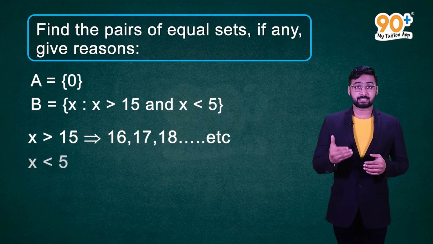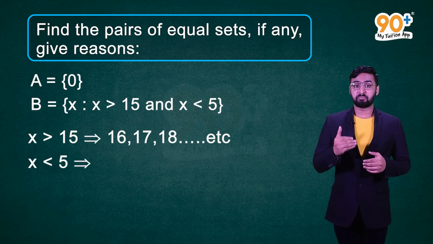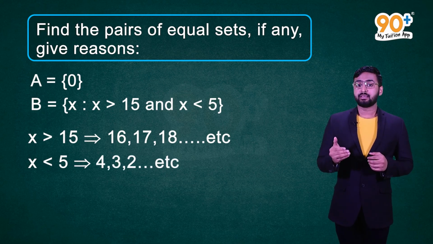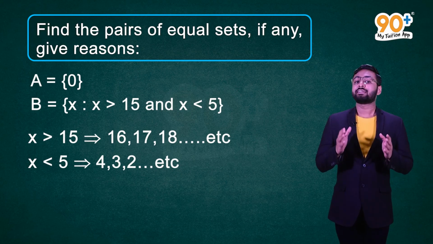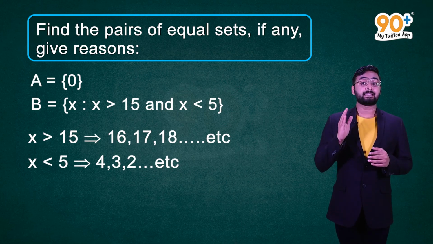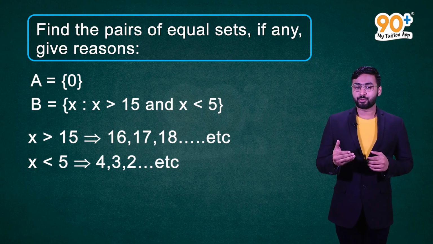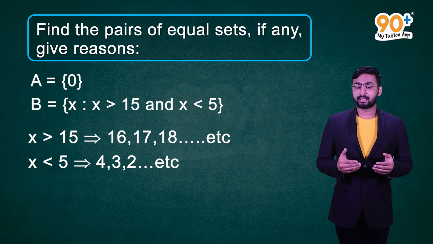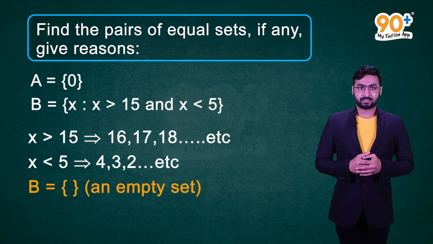And when x is less than 5, it implies the value of x could be 4, 3, 2, etc. That is, any value less than 5. So it's safe to say that there does not exist any value that can satisfy both the conditions. So we can say that B is an empty set.